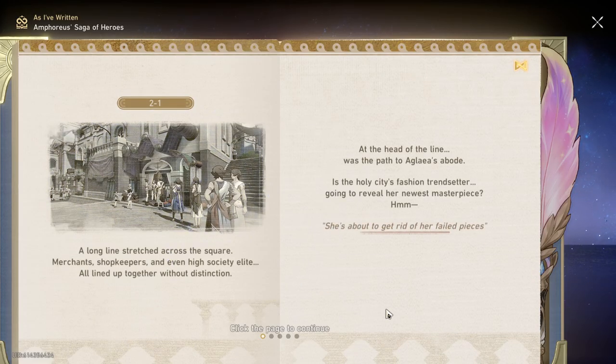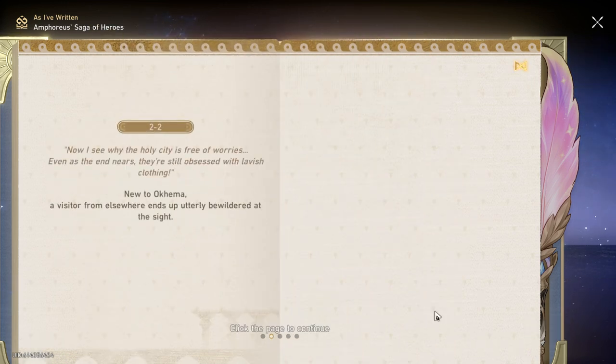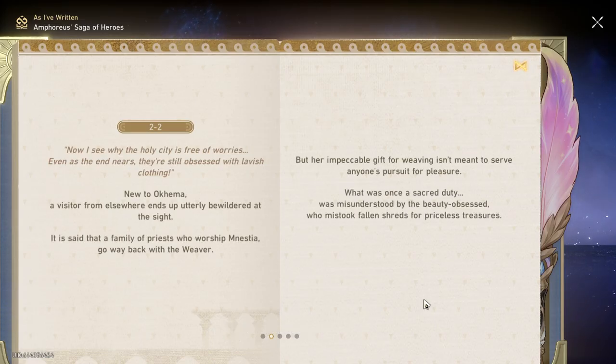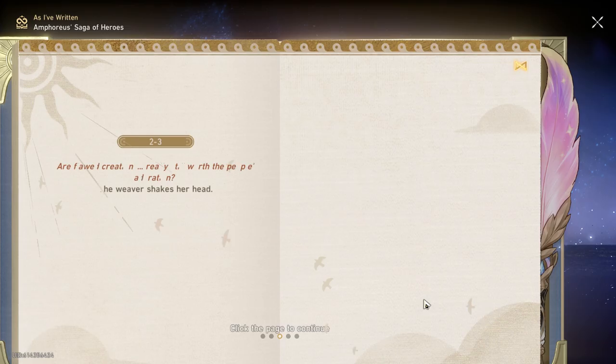She's about to get rid of her failed pieces! Now I see why the Holy City is free of worries. Even as the end nears, they're still obsessed with lavish clothing. Are flawed creations really still worth the people's adoration?